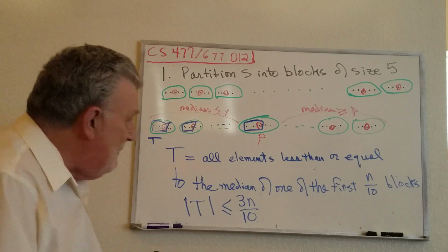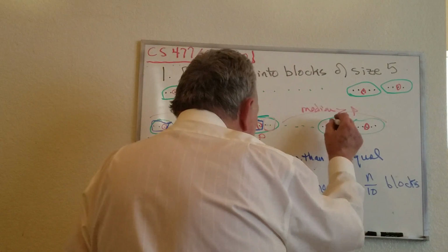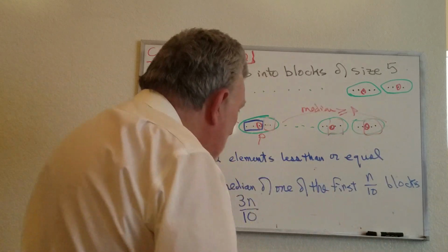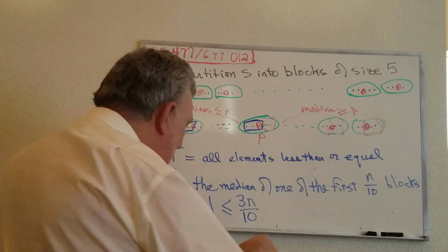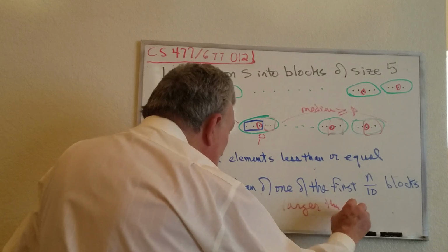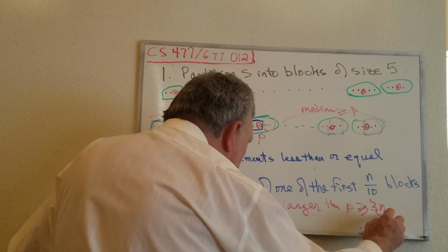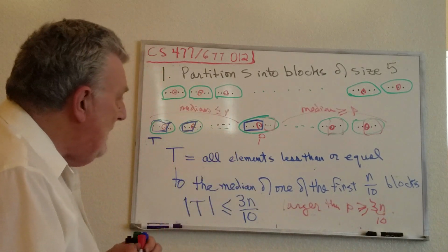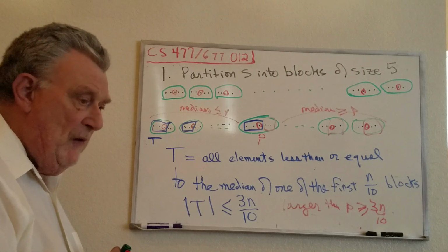Well, we can do the same thing on this side. If there's no element equal to P, then the number of elements larger than P is greater than or equal to also 3n over 10. All right, now once we picked that partition, we proceed as before.